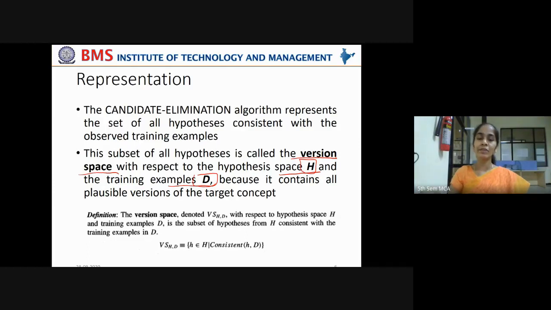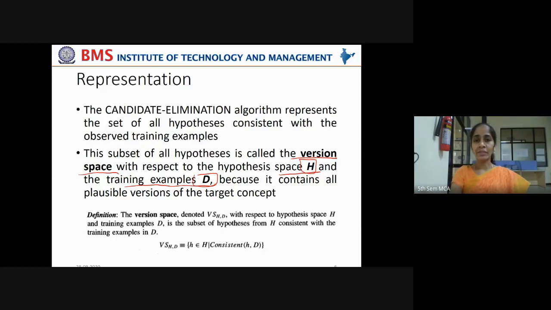All plausible means all applicable, all reasonable versions of the target concept. So the set of hypotheses should be in accordance with the training examples it has come across. There should not be any hypothesis which doesn't apply to the training examples. That is the meaning behind this explanation.